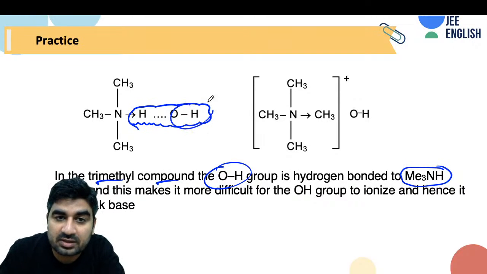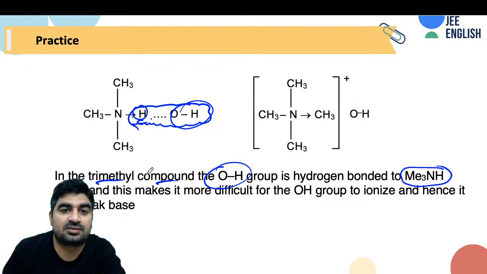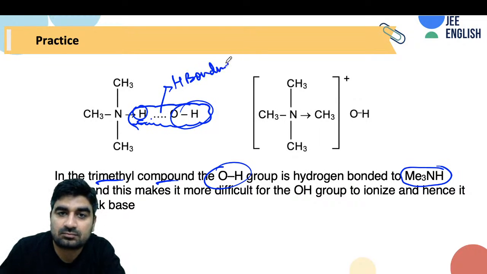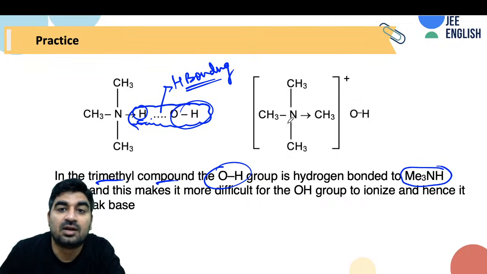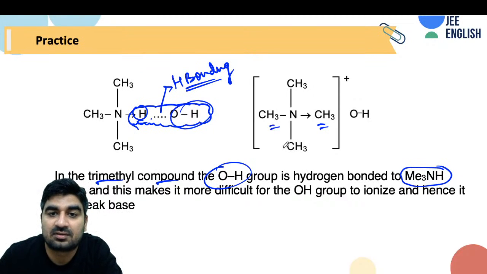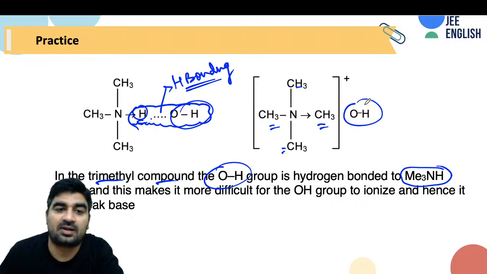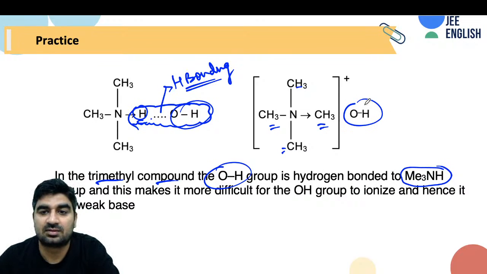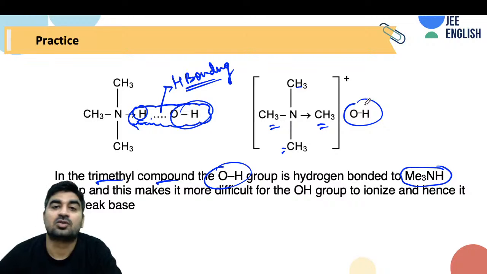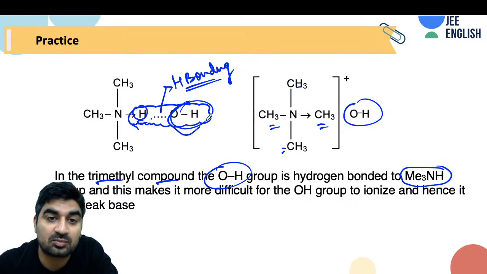So this OH is bonded to this H, H connected to this, and there is hydrogen bonding, right? But in this case, this OH is free.